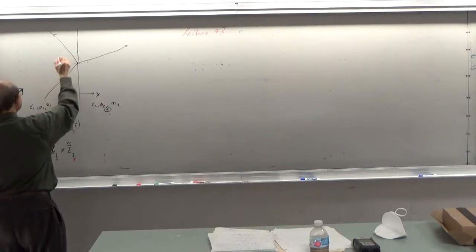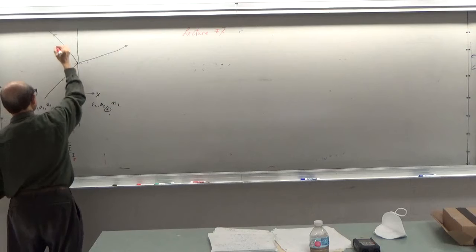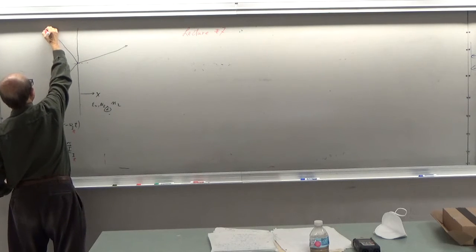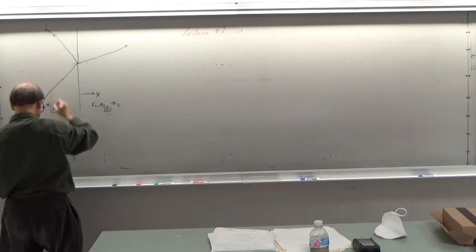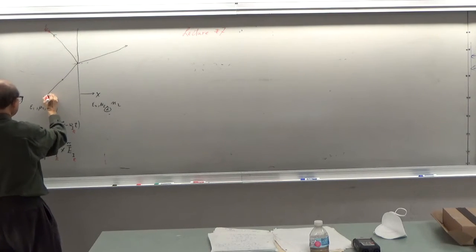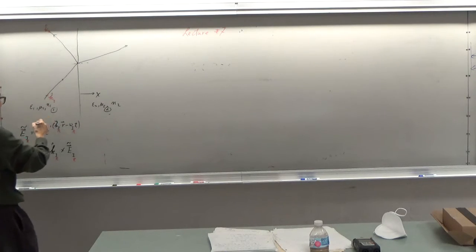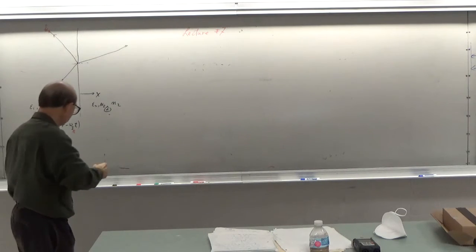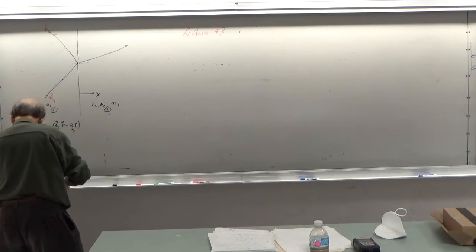So this is the direction of the reflected beam, k hat R, and this direction is k hat I.